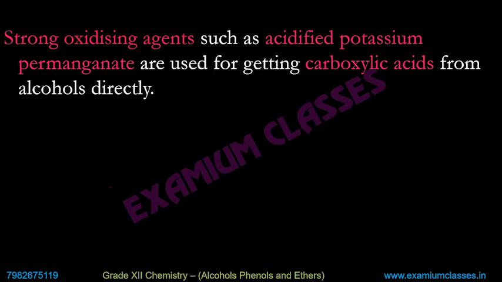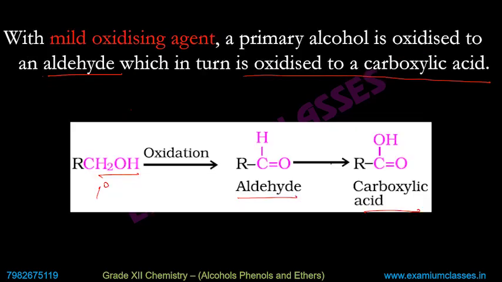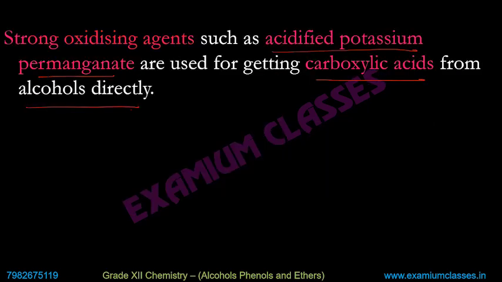Strong oxidizing agents such as acidified potassium permanganate are used for getting carboxylic acid from alcohols directly. We will be using all these in conversions. Remember all these reagents which we will be using. So in this case, for example, CrO3. In this case, acidified potassium permanganate.